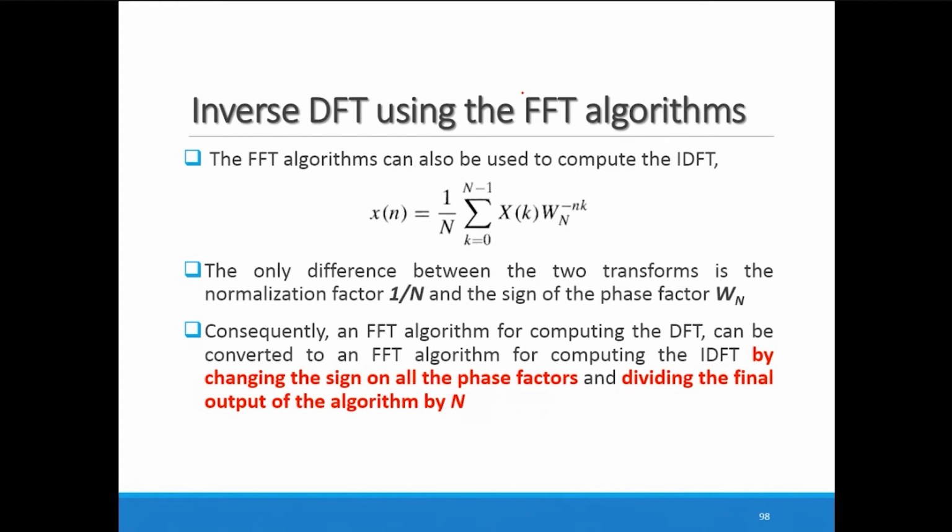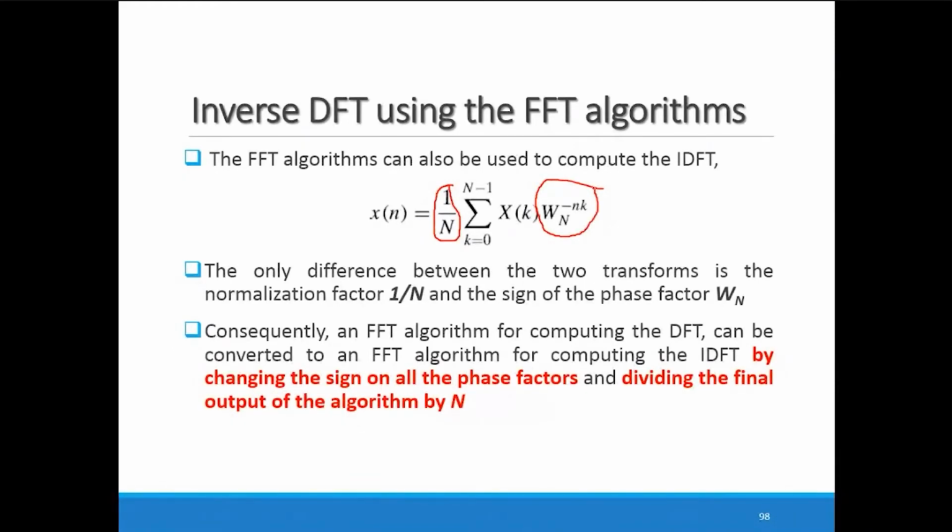Compared to the previous equation, the first change is that we apply a normalization or scaling factor 1 by N. Another is that in the previous case your twiddle factor was omega N raised to nk, but here the twiddle factor has the minus sign. These are the only two changes we have to apply in the FFT algorithm to make it work for the inverse DFT.